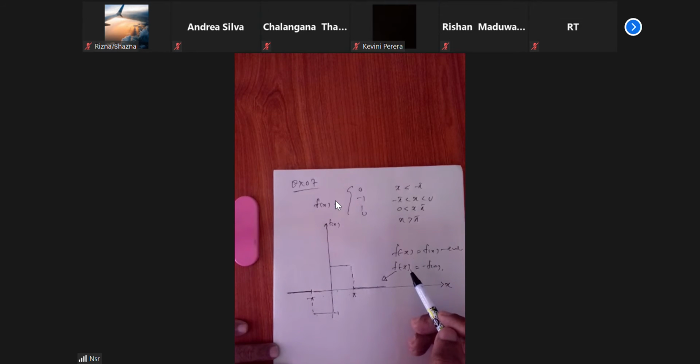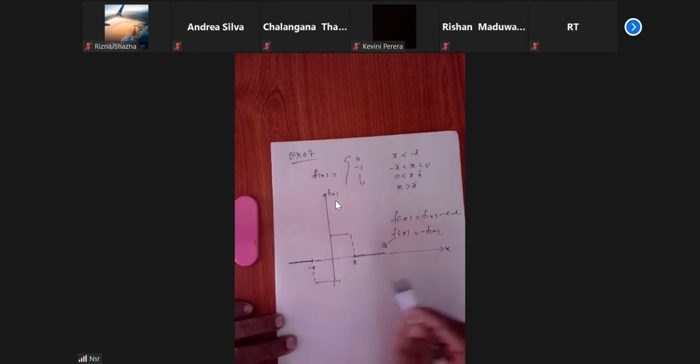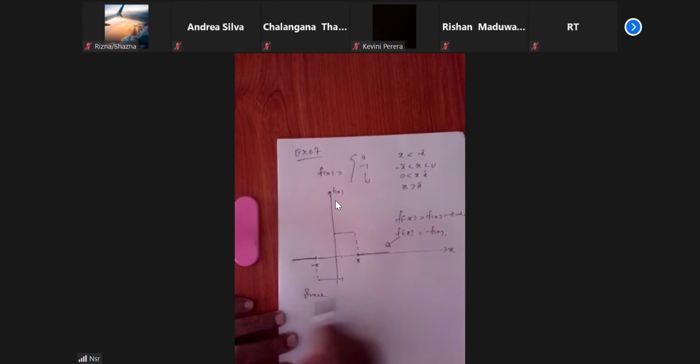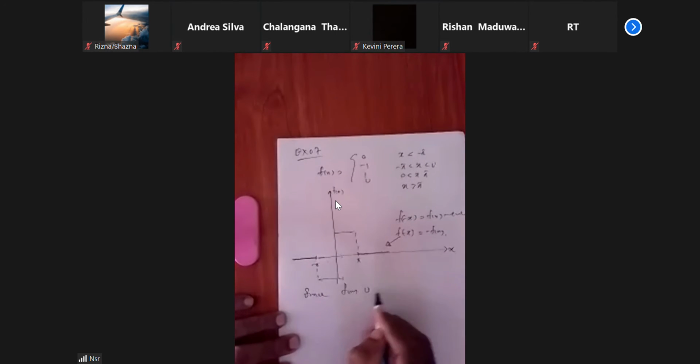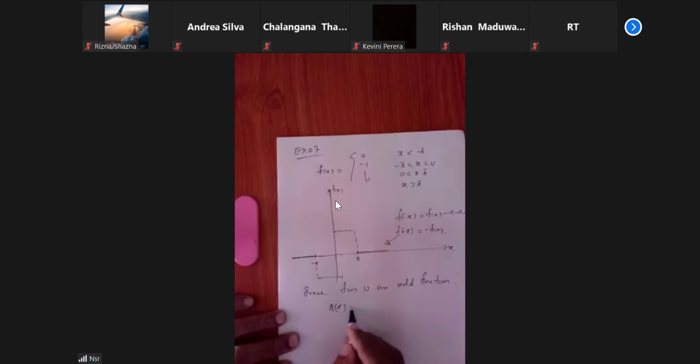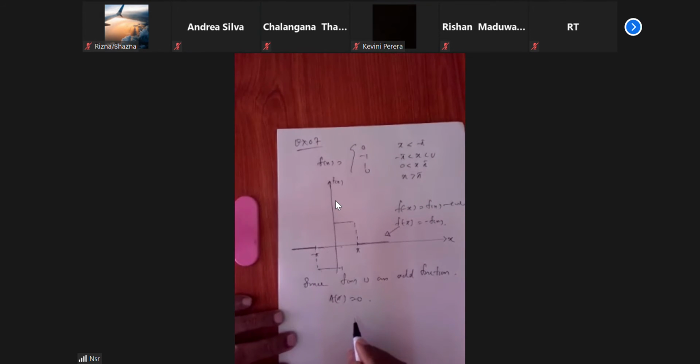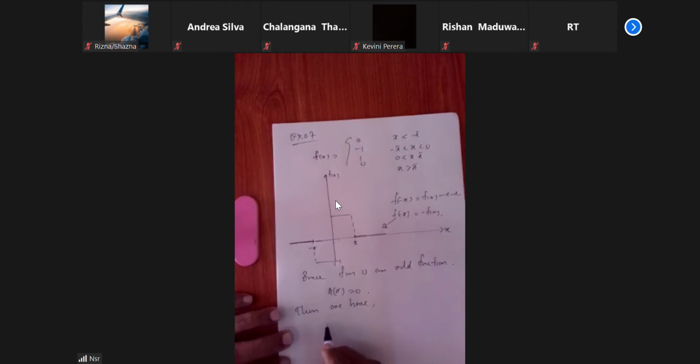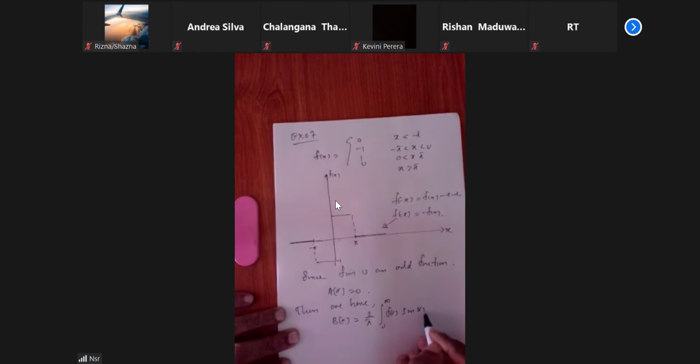Therefore, since f(x) is an odd function, A alpha equals 0. Then B alpha equals 2 divided by pi, integral from 0 to infinity f(v) sin alpha v dv.